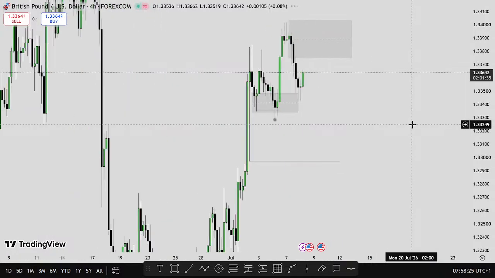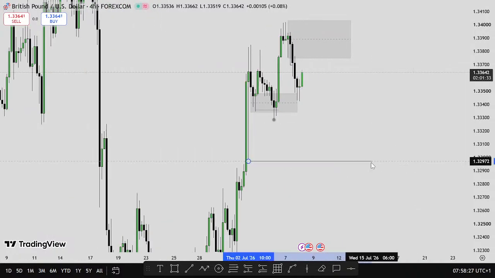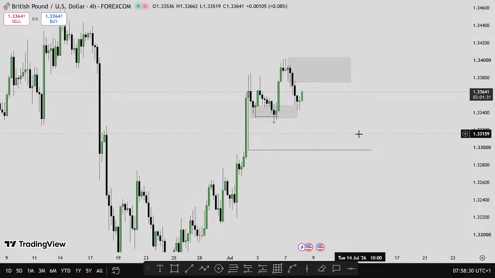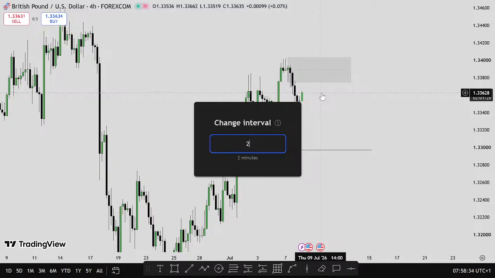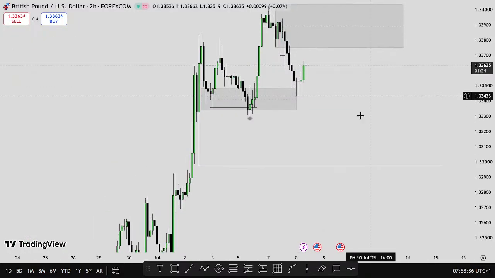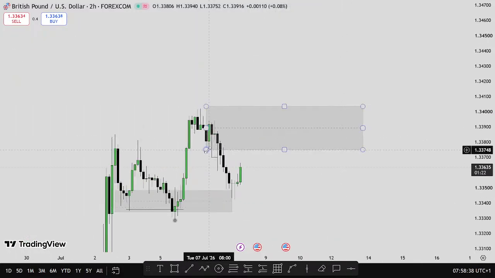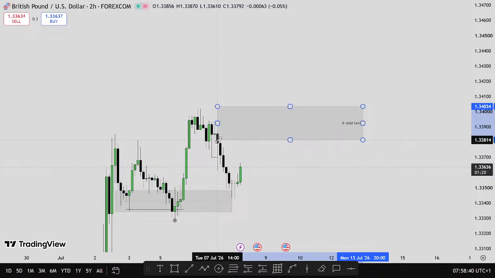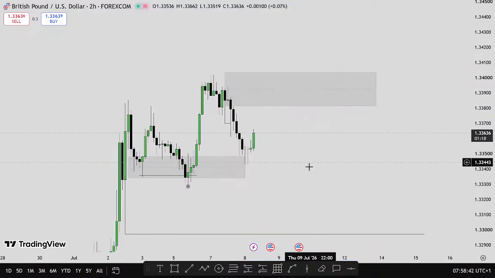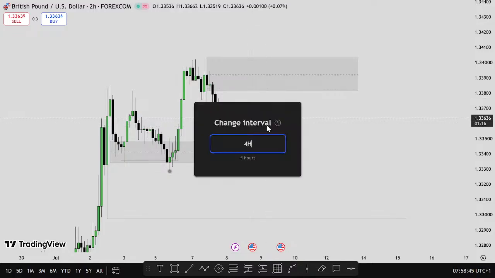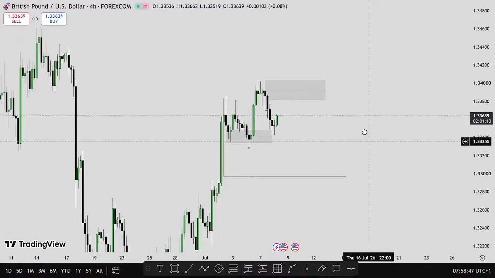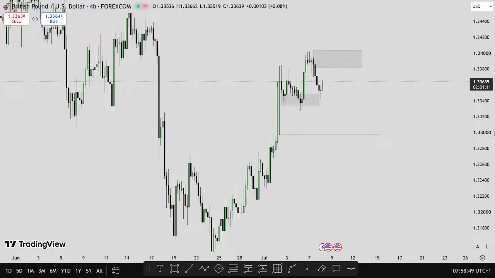So again, only if there is a displacement at that level. Like I said, I knew it's supposed to be here. So only if there's a displacement again. So that's GBPUSD, so I'll go on to the next one.